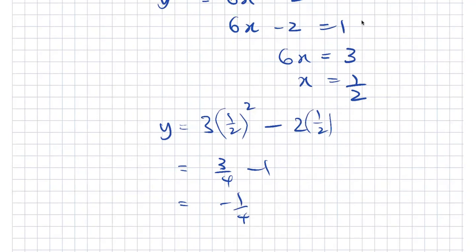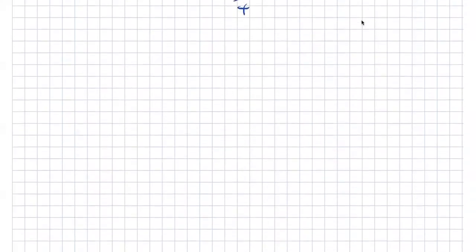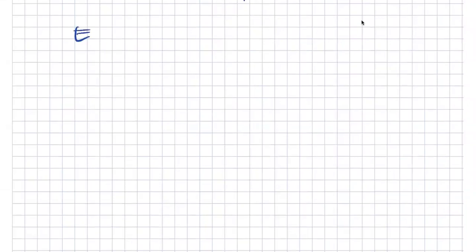Right, last thing to do, and that is equation of a tangent. So here we go.